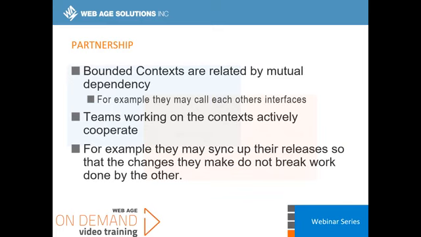These 2 bounded contexts need to be deployed together, and it needs to be done together in order to keep them from breaking one another. Truly speaking, this kind of tight coupling should only be employed when other types of mapping won't work.